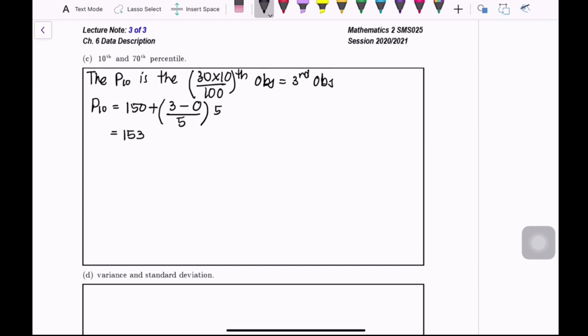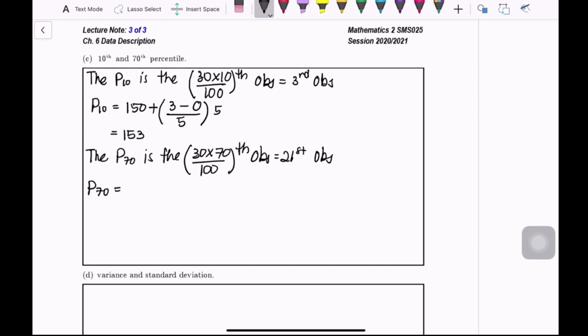So P10 is 153. For the 70th percentile, or P70, the P70 is the 30 times 70 over 100 observation, so it is equal to the 21st observation.